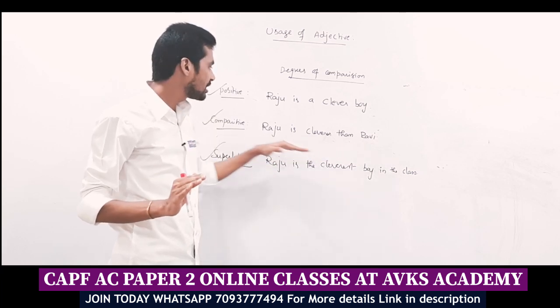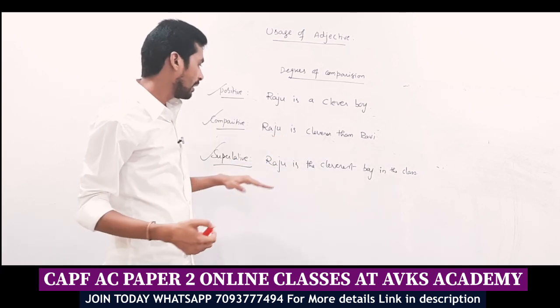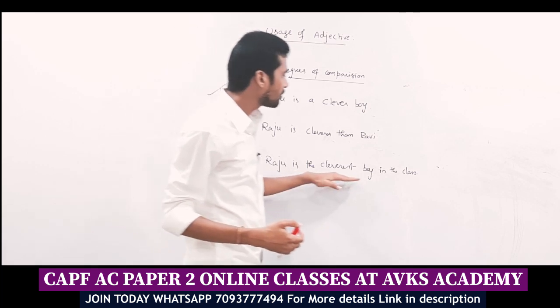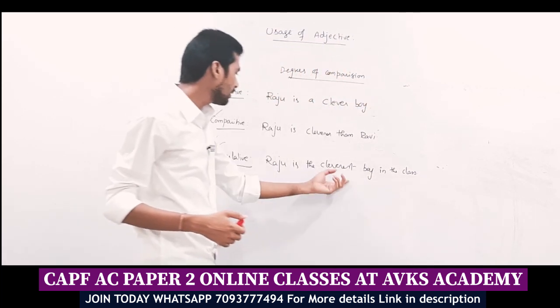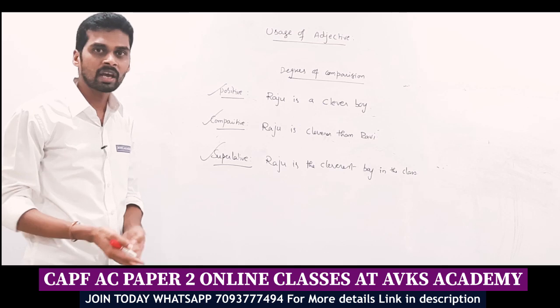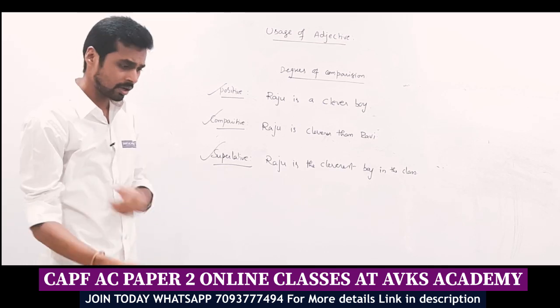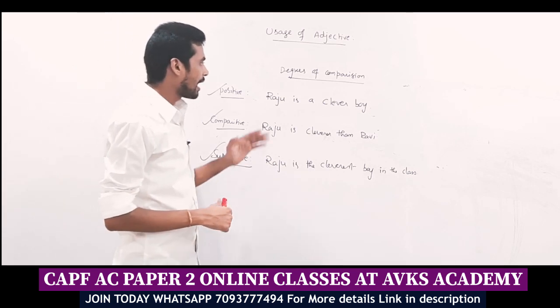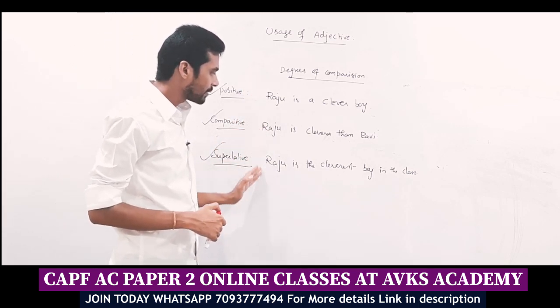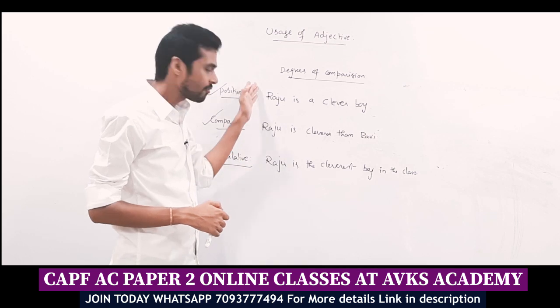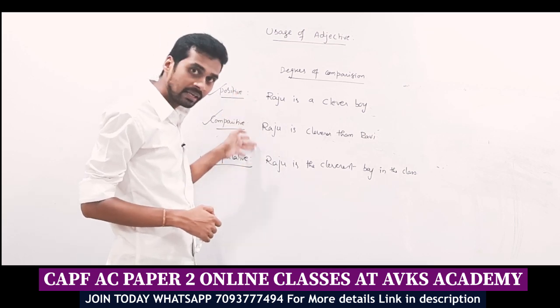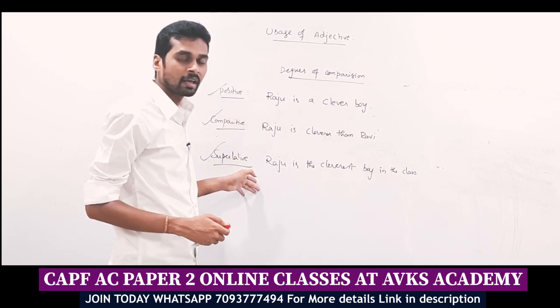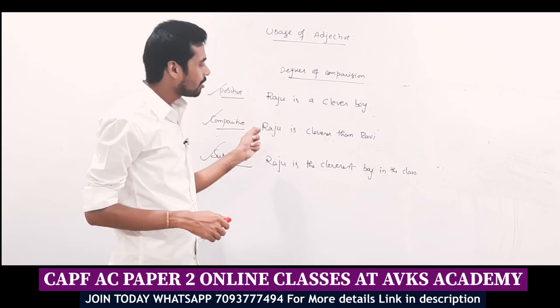Even Raju is the cleverest boy in the class means again that Raju is a clever boy only. I'm not belittling Raju. The main meaning of all these statements is the same.